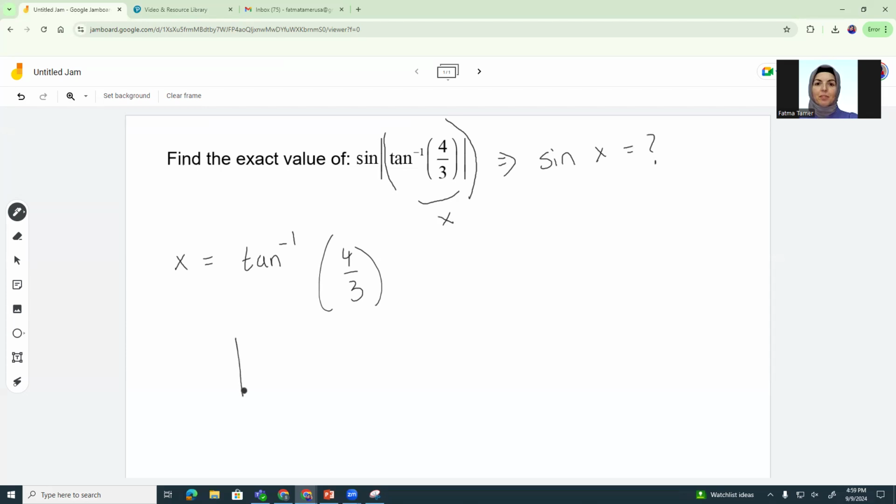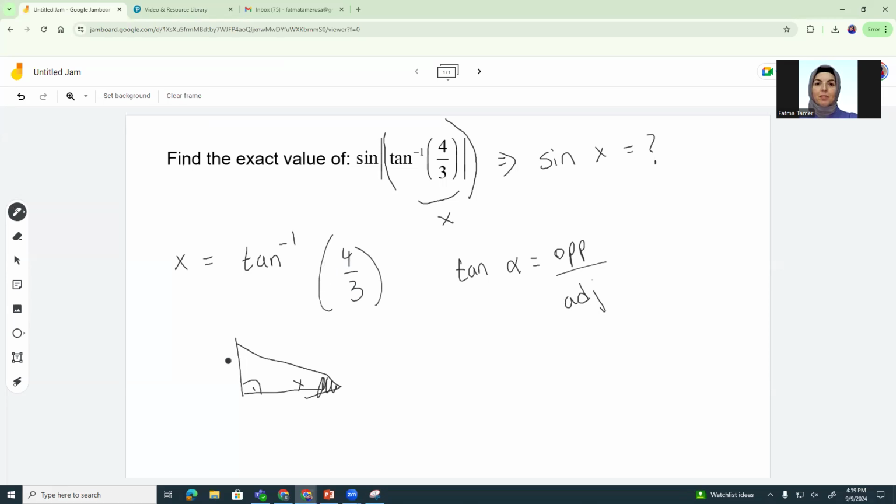Now, I'm going to go ahead and draw a right triangle here, and then I'm going to put the angle x here. So I am looking for the angle whose tangent theta is equal to 4/3. If you remember, tangent of any angle is always the opposite side over the adjacent side.